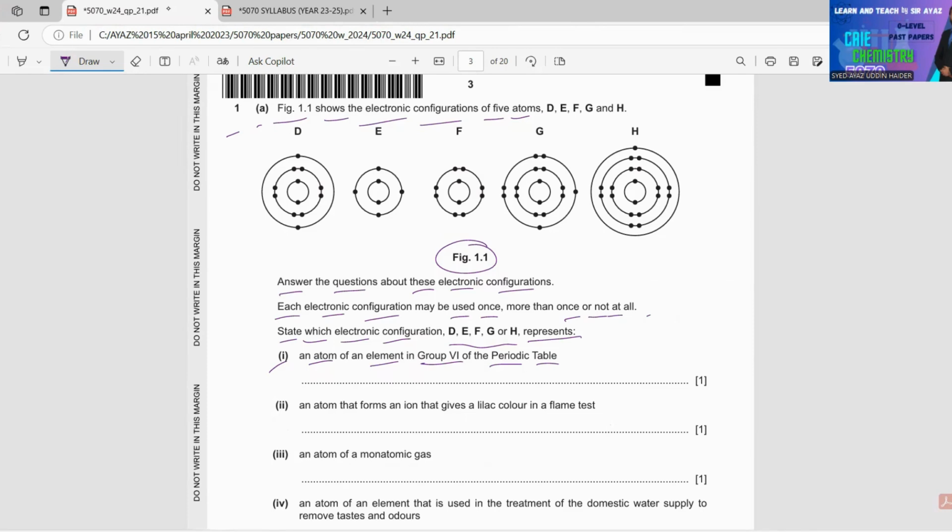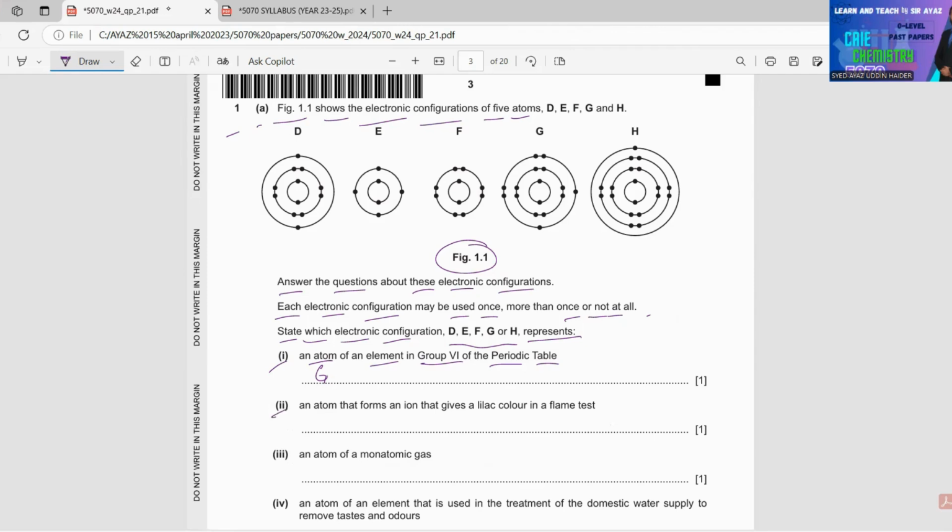So count the valence electrons for all of these electronic configurations. For D, it's 2. For E, it's 4. For F, it is 8. For G, it's 6. So G must be the final answer for this one. For convenience, I'm checking the last one also, that is H, and there is only 1 electron in its valence shell. So it's incorrect. So G will be the final answer.